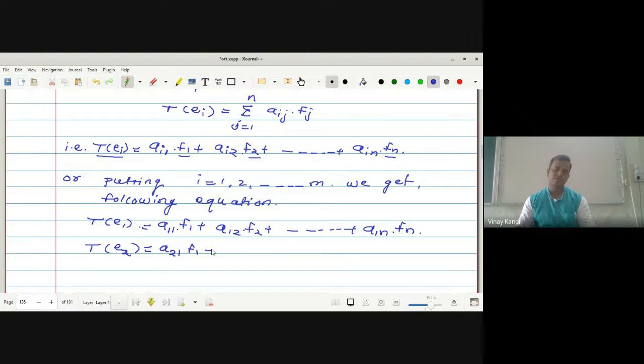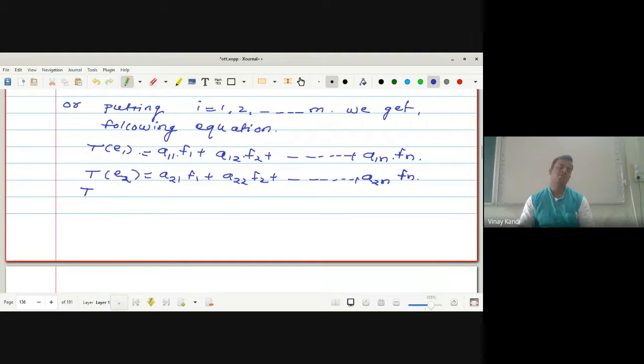A21 F1 plus A22 F2 plus and so on up to A2n Fn. Similarly, T of E3 we can write as A31 into F1 plus A32 into F2 plus and so on up to A3n into Fn, and so on up to the last element T of Em, where i is equal to m.